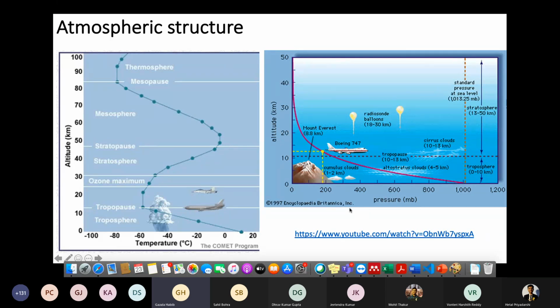Once the distance from the earth is increasing, the temperature is decreasing. However, there is an isothermal region in the stratosphere. That means the temperature is almost constant, which we can see here also, from about 20 kilometers or so.